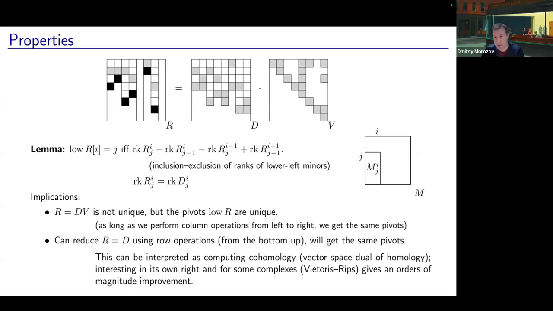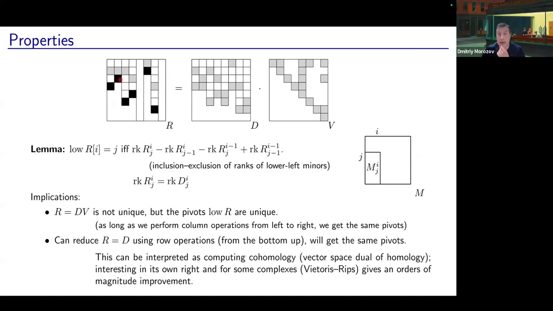Here you have the freedom to perform operations in different order, which could sometimes help, because for example, this non-zero in this column, you could choose to eliminate it using this one. But which columns you will eliminate, you're stuck with, because those will always be the zero ones in the order.